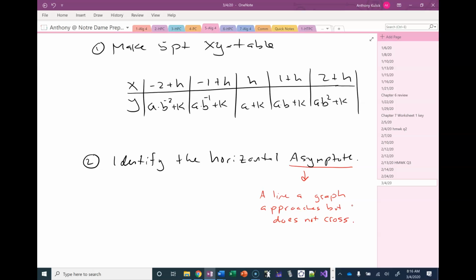So when I talk about the horizontal asymptote, most of the time I'm going to abbreviate that as HA, because that's a lot of letters and kind of a mouthful. So I'll probably just write HA as an abbreviation there. And for an exponential function, we can find that horizontal asymptote with the equation y equals k.